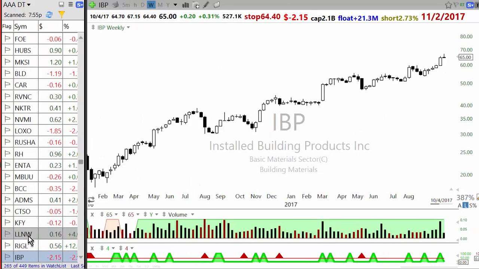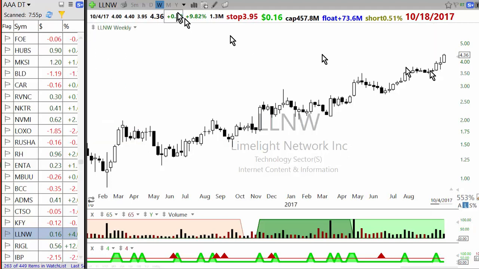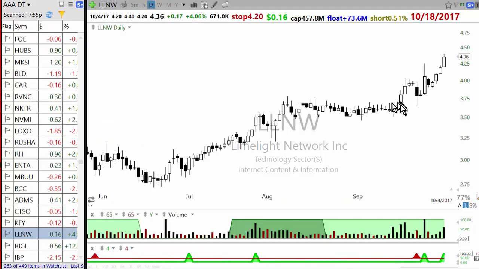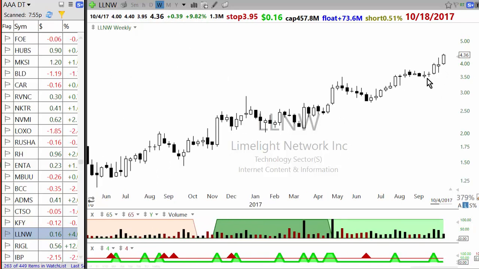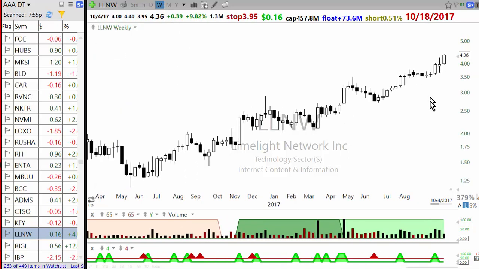See, even this one was setting up nicely on a weekly, and if you see on a daily, it had a breakout here and then a breakout here. So you can see this would have been a weekly setup here.